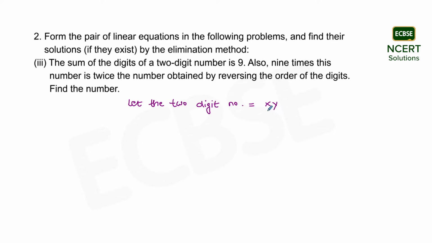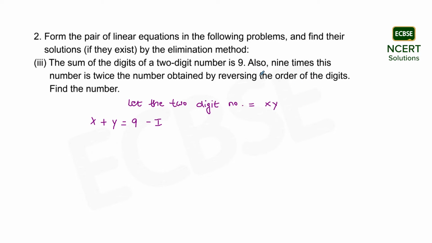That is, in the tens place the digit is x, and in the unit place the value is y. Got it? Now, the first statement says the sum of the digits of the two-digit number is 9, which means x plus y is equal to 9. This is the first equation.